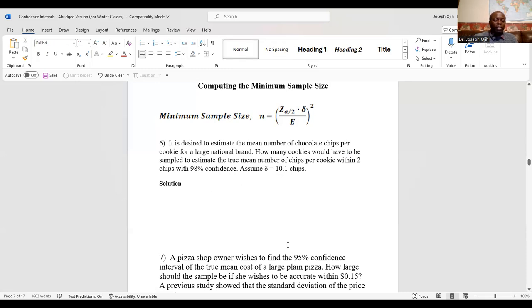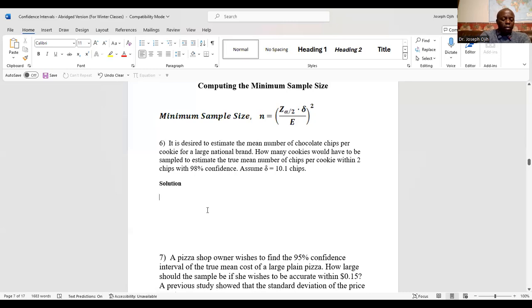So let's get our summary statistics first. So let's find the Z alpha over 2.